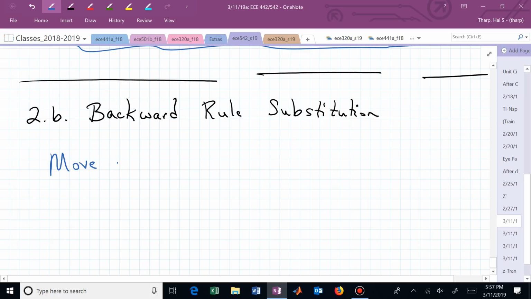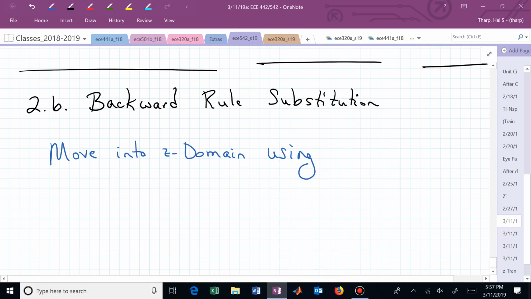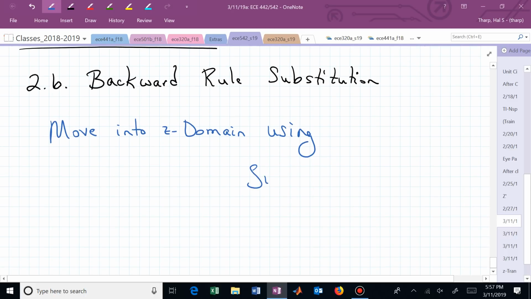And now we want to move into the Z domain via what substitution? Now we simply have to go back a page or two and find out what we replace S with for the backward rule, and that's now Z minus 1 over TZ being plugged in everywhere we find an S.